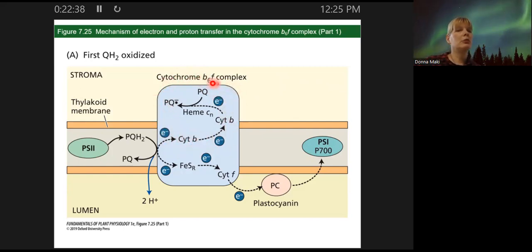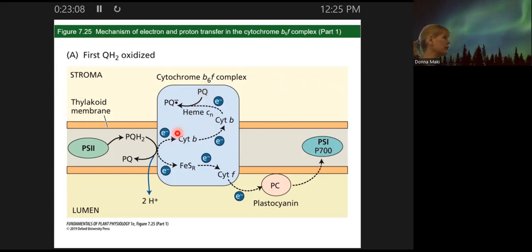So we're going to zoom into what's going on in this portion here. You can see here that first cytochrome B got the electron, and then you see the next player in the game is another cytochrome B. So that electron goes from cytochrome B to cytochrome B, and then there's a plastoquinone sitting in the cytochrome B6F as well.